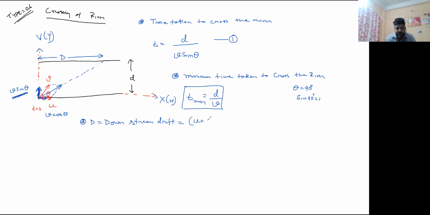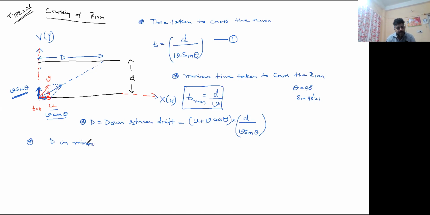U plus V cos theta, yes or no? देखो एक U है और ये V cos theta है ना? And how much is the time taken to cross the river? T, that much. So my downstream drift is U plus V cos theta into time, that is D by V sin theta.